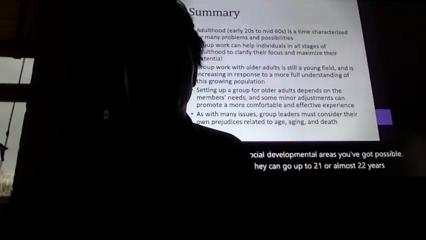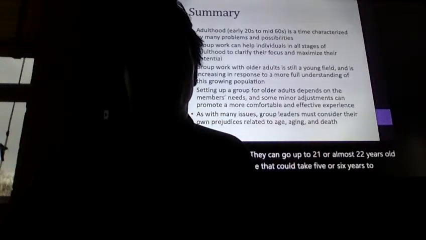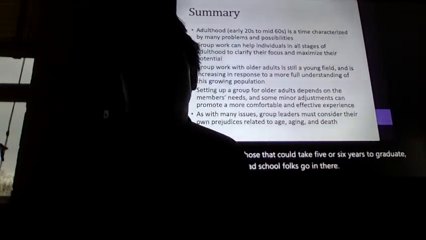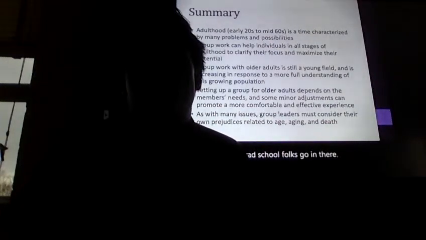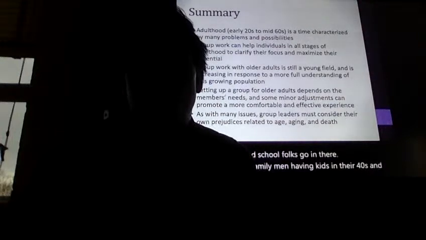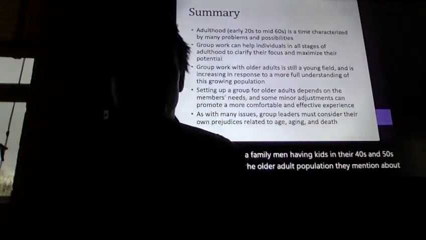College folks, especially those that take 5 or 6 years to graduate, could be 24, 25, 26. Grad school folks go into their 30s and 40s. People with a family: men have kids in their 40s and 50s, women up to 40. And then the older adult population, they mentioned visiting nursing homes and whatnot.